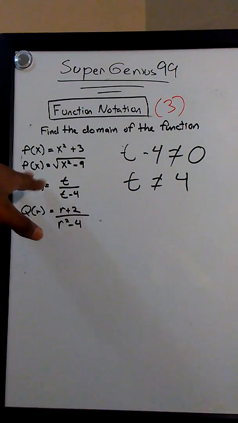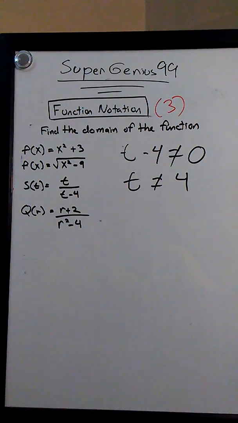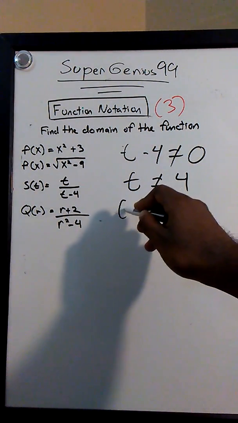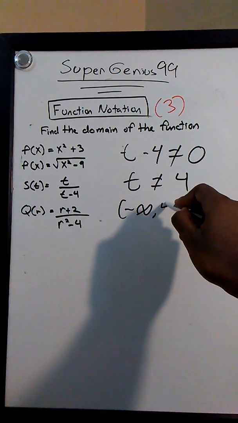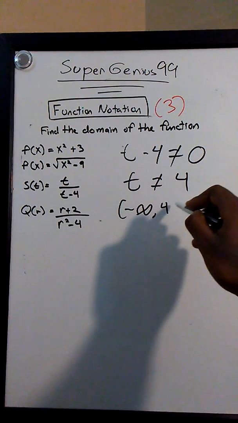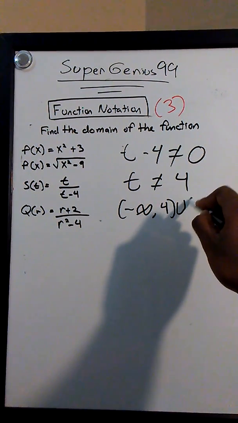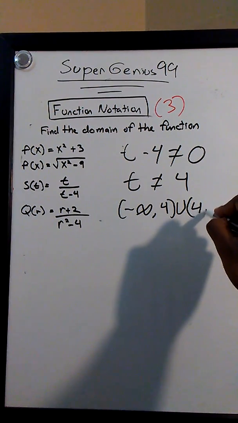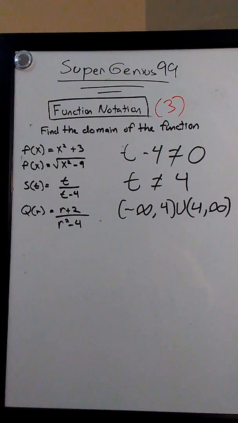So the domain for s of t, t over t minus 4, is all values except for positive 4. How do we represent that? Negative infinity to positive 4, not including positive 4, comma, or union, positive 4 to infinity. So that is your domain for this function here.